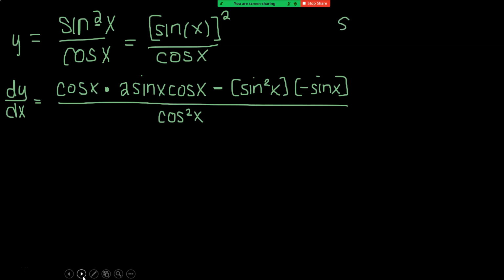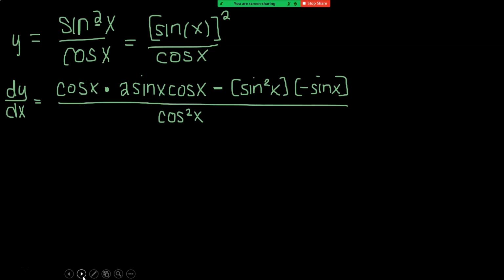You cannot write sine x squared. It would have to be in parentheses like this, because if you write it without the parentheses, you're squaring the x and not the function. Do you see the difference? No, you're good. That was a good question.